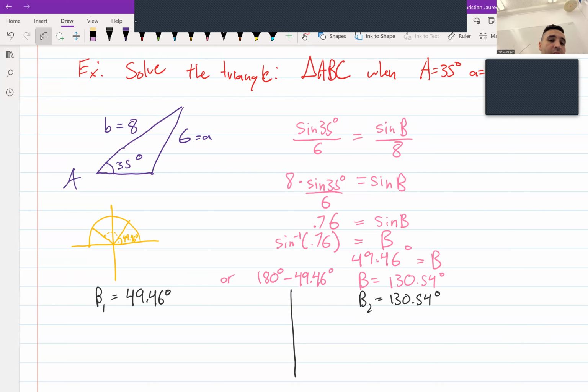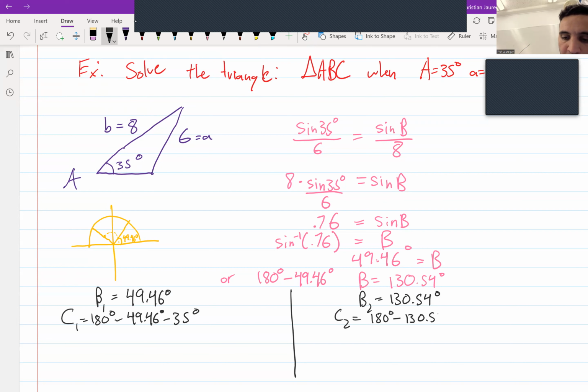So in this situation, the next answer that's easy to find would be big C. So big C1 is going to equal 180 degrees, because the triangle adds up to 180, minus 49.46 minus 35, whereas C2 is 180 degrees minus 130.54 degrees minus 35.